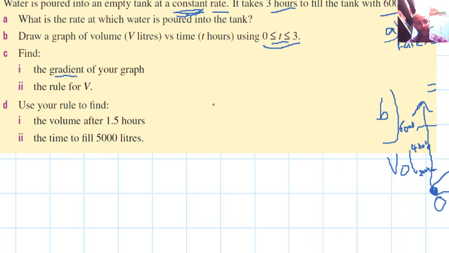Find the gradient of your graph. Okay, so the gradient of the graph would be just like what we've done previously. Gradient is YB minus YA, or the change in Y, over XB minus XA, which is the change in X. So that's basically rise over run. Let's find two convenient points.